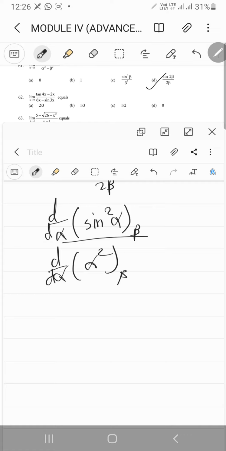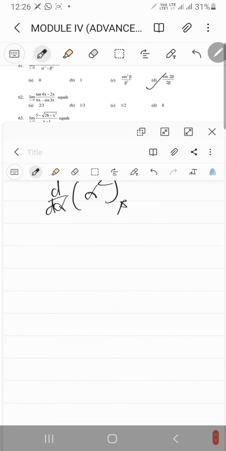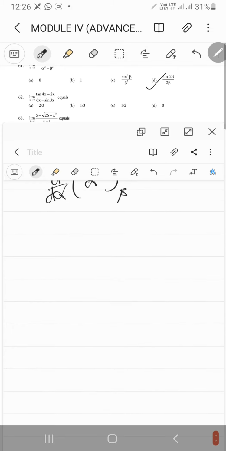Nice. Next question. x tends to 0 of tan 4x minus 2x upon 6x minus, hey, we did a similar question before, right? Yeah, just go ahead, take the derivative. That should be fine. So just take a derivative.